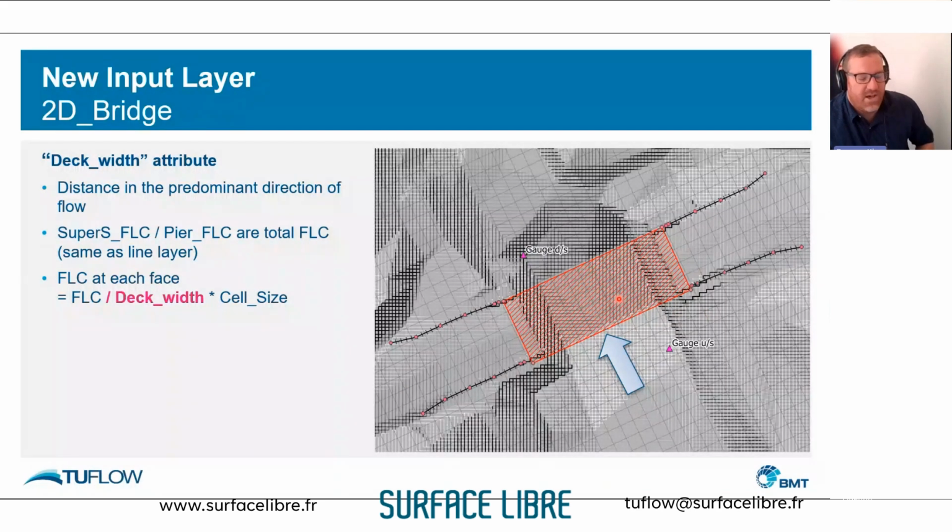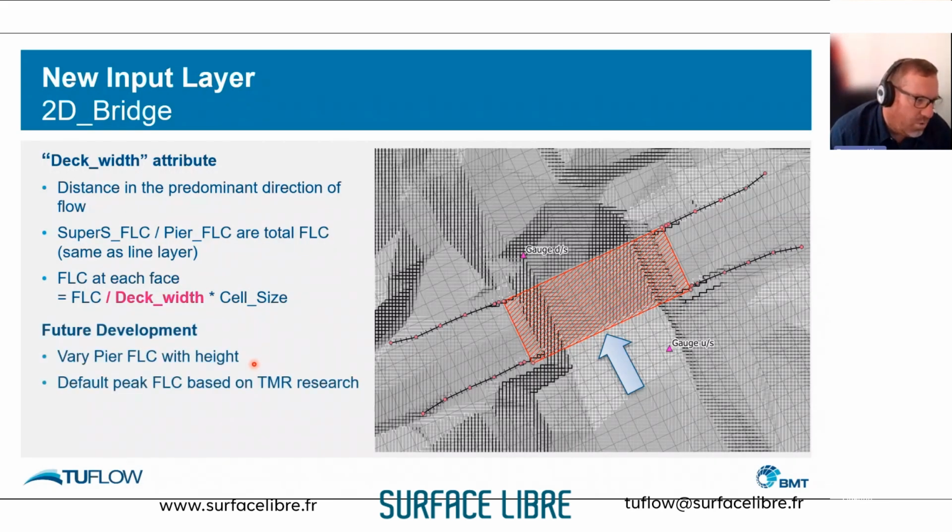What this means is that the form loss coefficients that we apply are independent of the cell size that we use. So we can set up the form loss coefficients, and then we can vary our cell sizes if required. What we're planning to do in the future is to vary the pier loss and the form loss coefficient with height, and also come up with some default peak form loss coefficients based on that TMR research.